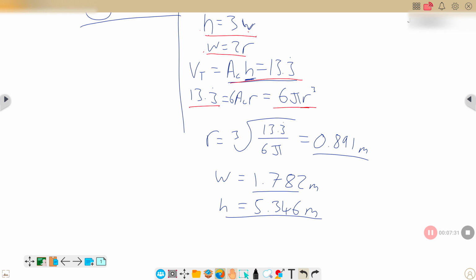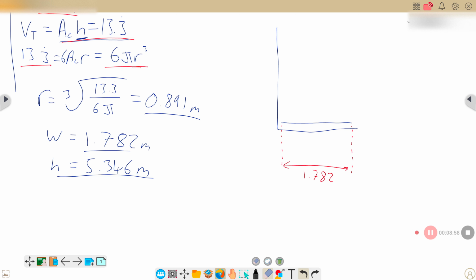Now that's the inner width, right? So I could also draw the outer width here.